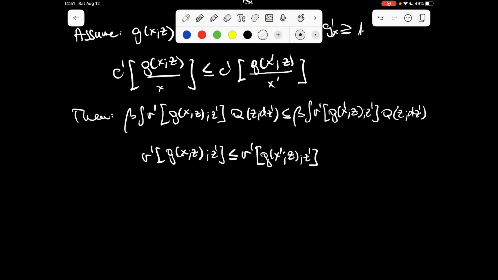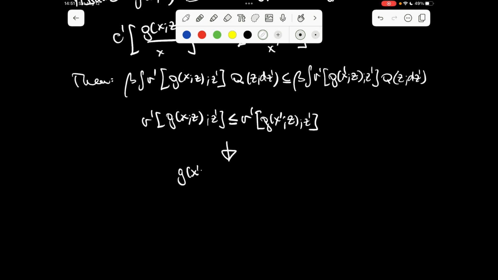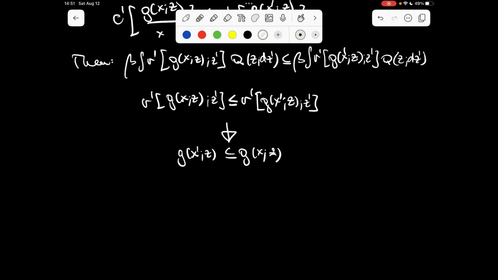But because of the concavity of the value function, it means that we have a contradiction. So because of this contradiction, we can claim that the first derivative of the policy function g is not higher, is lower than 1 actually.